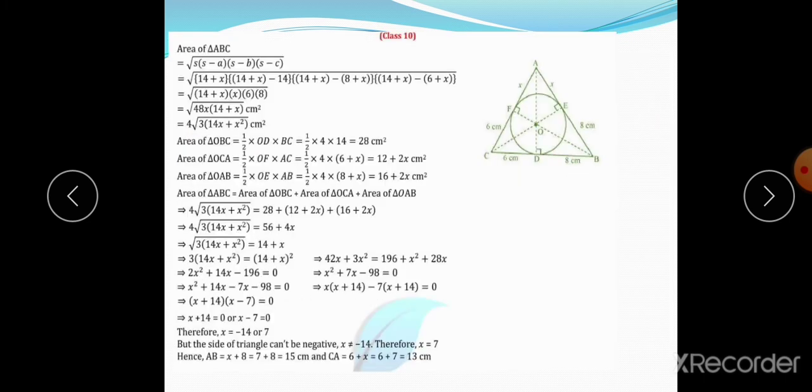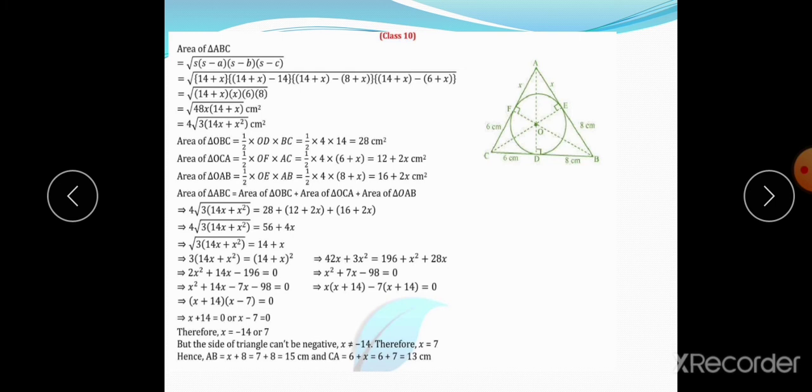Here we are going to use Heron's formula. If the sides are given, we use Heron's formula. Heron's formula: area of triangle ABC equals root over S into (S minus A)(S minus B)(S minus C). S is the semi-perimeter.